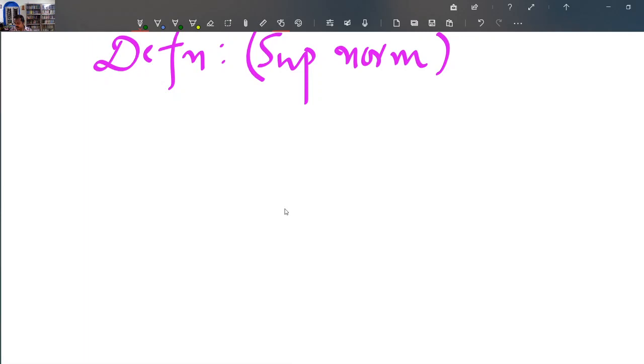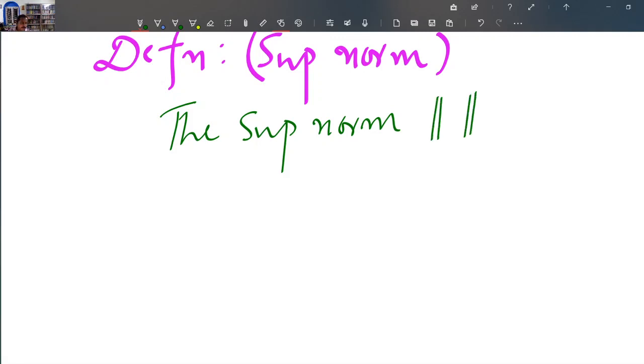On Kn, we are going to define the supremum norm on Kn. The sup norm is denoted by this symbol and read as sup norm.